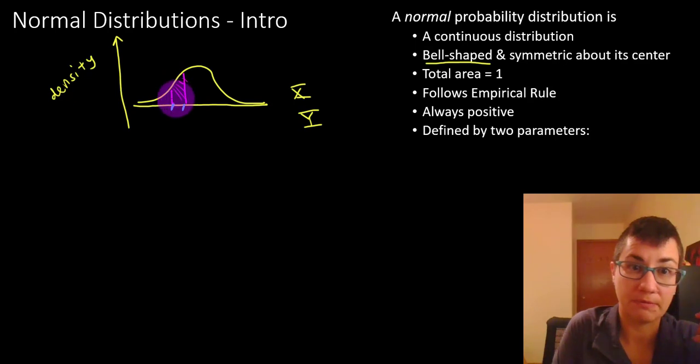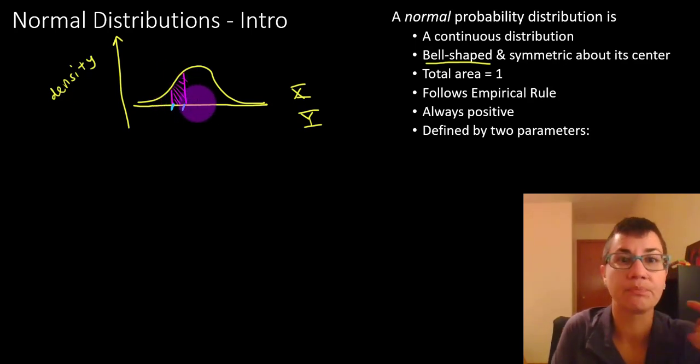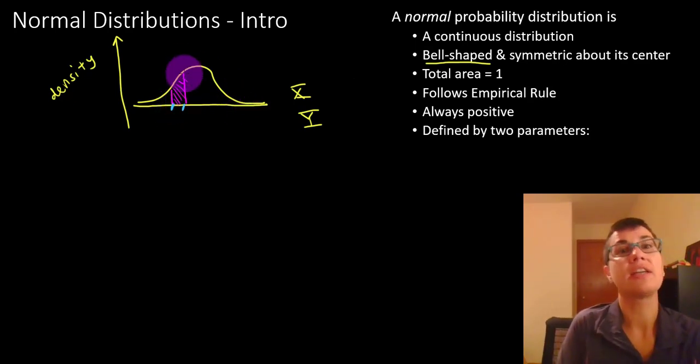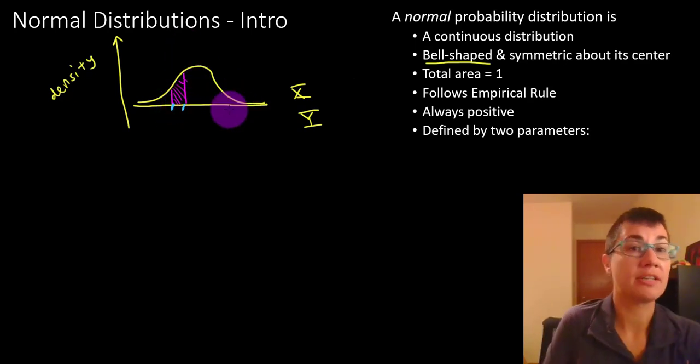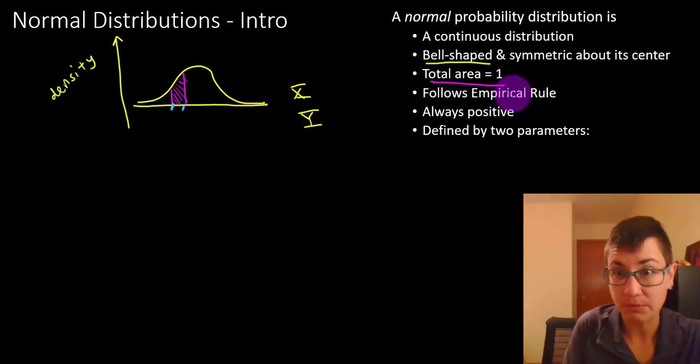Finally, we'll discuss how we actually find those probabilities. But because we're using area as a proxy for probability, the total area must equal 1.